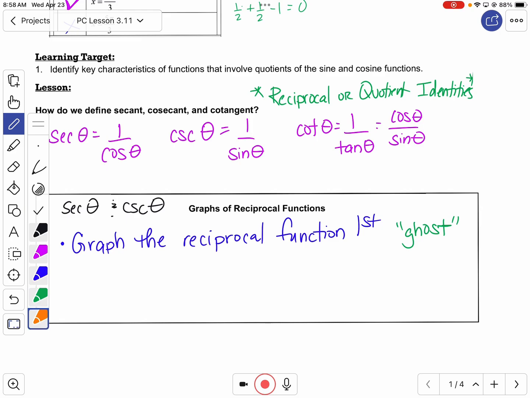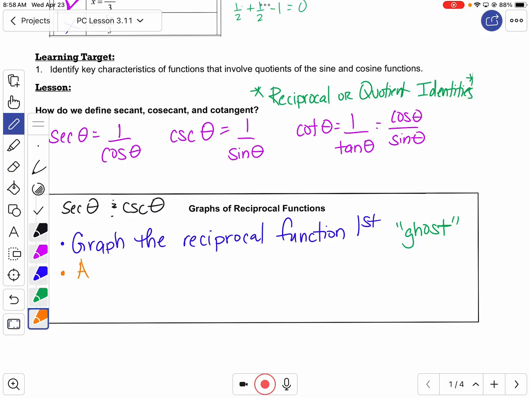Now, interesting tidbit: because there's reciprocals, there are opportunities. We have a trig function in the denominator. Are there places where cosine would equal 0? Yeah, and can we divide by 0? No, our paper explodes. So what we do is we get asymptotes.